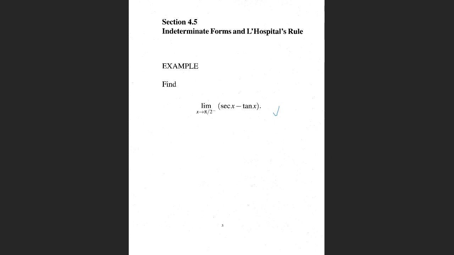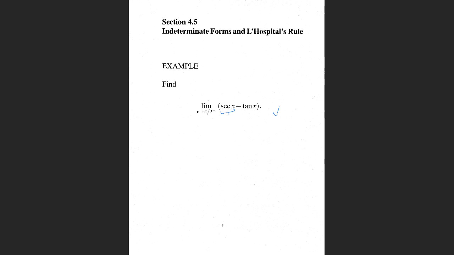So here we have the difference of two functions, so we can't use L'Hopital right now. But of course, how do we define the secant of x? Do you remember from your trig days?